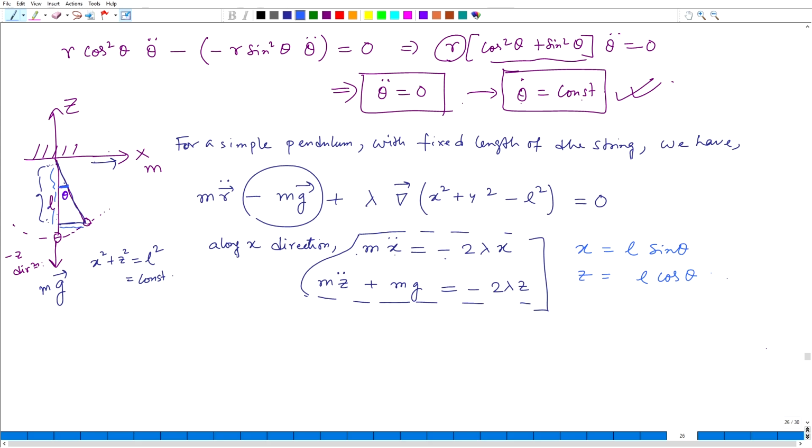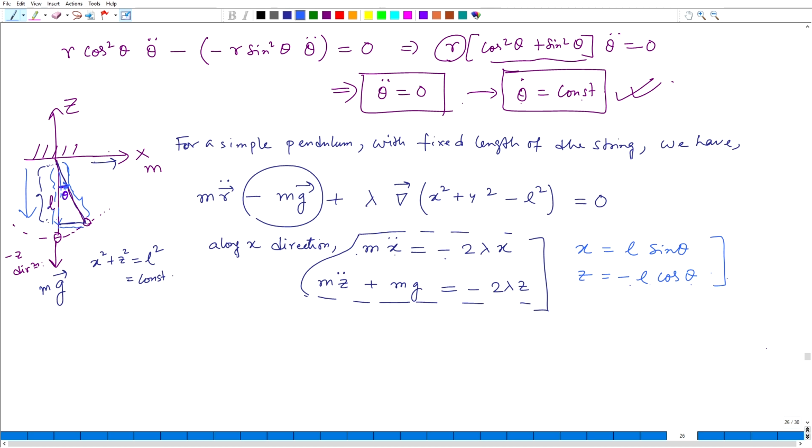Now, one thing we have to take proper caution, that is z by definition is negative in this downward direction. That is why we will write this minus L cos theta, because L is just a positive number which is the radial distance, and if you define theta to be positive in the anti-clockwise direction, okay, measured from this vertical direction, then you can write this is minus L cos theta.